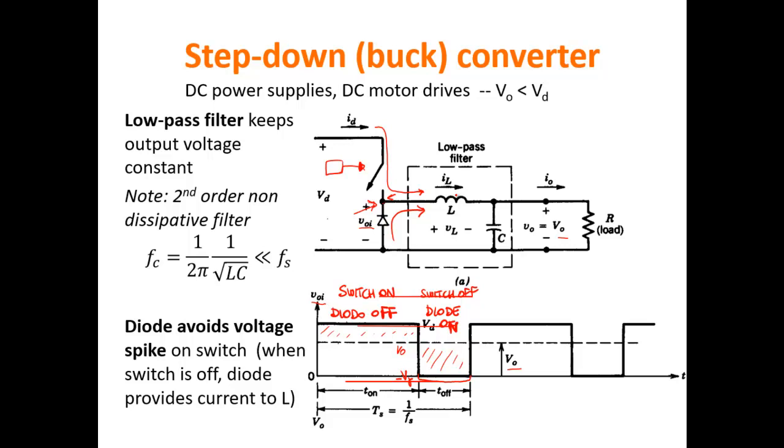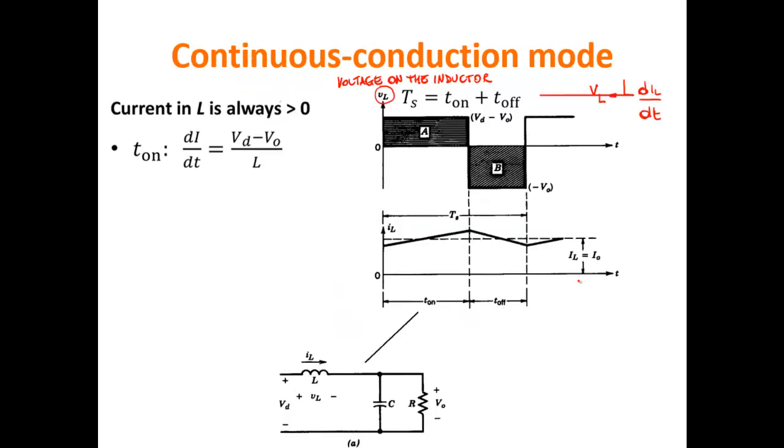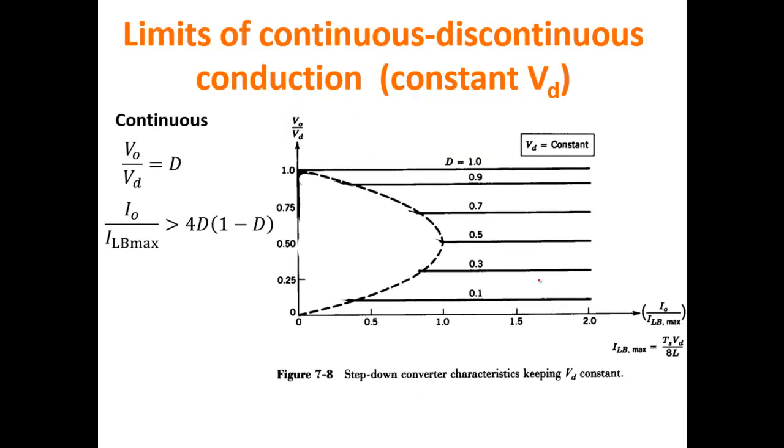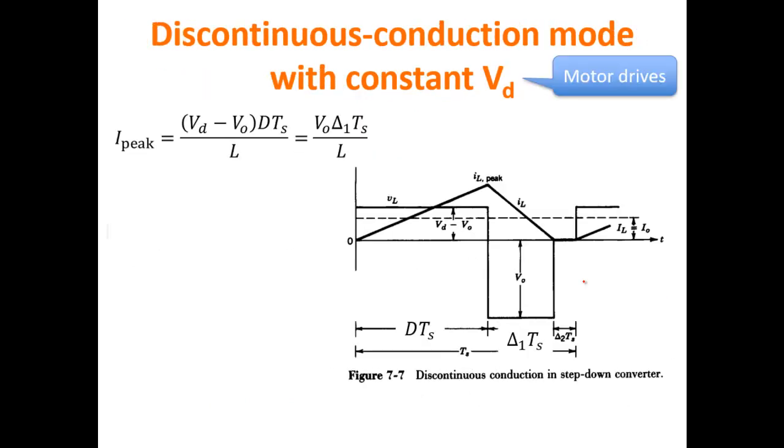So what's happening is something slightly different, which is this illustration. This is the current in the inductor. During T on, we know what's happening. During T off, the current tries to go down. We have a negative variation with a slope that we have already computed.